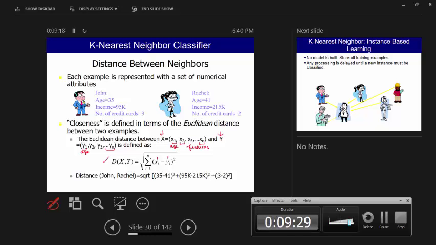But if we simply subtract, then sometimes we may have negative values. If we have one positive value and another negative value, when we add them together, they may cancel out, so that there's no difference, which means they are exactly the same.